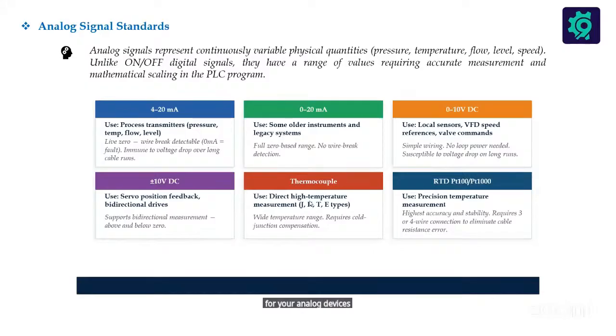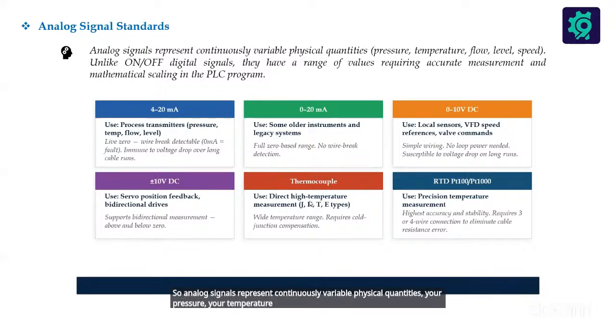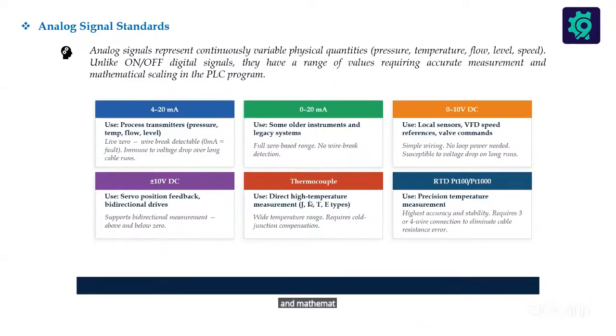It can be in volts, it can be in current. So analog signals represent continuously variable physical quantities: your pressure, your temperature, flow, level, speed. And unlike your digital signals, which have to be either high or low, they have a range of values requiring accurate measurements and mathematical scaling in the PLC program.